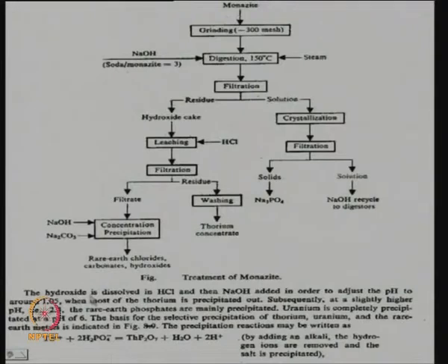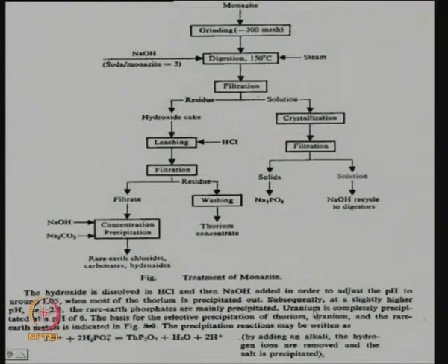The hydroxide cake is dissolved in HCl and then NaOH is added in order to adjust the pH to around 1.05, when most of the thorium is precipitated out. Subsequently, at a slightly higher pH, that is 2.3, rare earth phosphates are mainly precipitated.